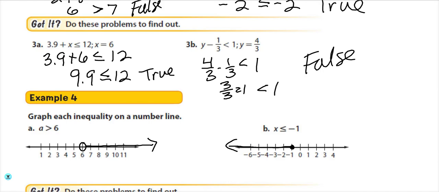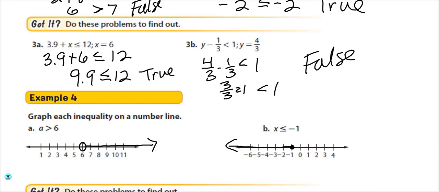Here's another little way that my teacher taught me. Look at letter B again. It says x is less than or equal to -1. Look at the inequality symbol. Do you see how there's a line underneath it? That's the equal to part. What she told us was if you took that little stick and stuck it over top of the alligator mouth, you could close it off and make it into a triangle.